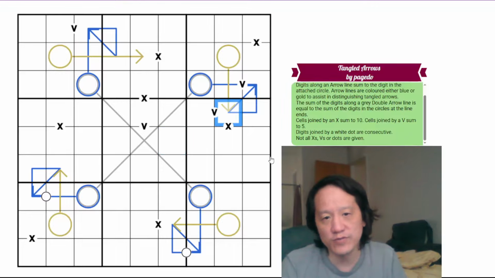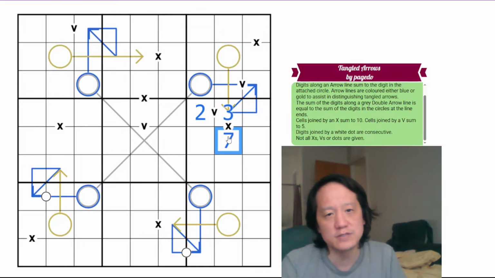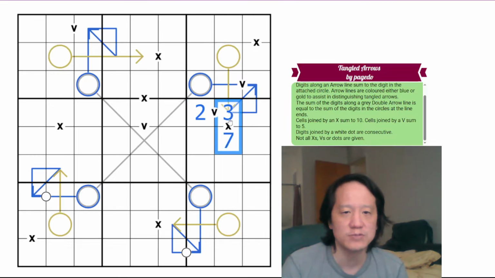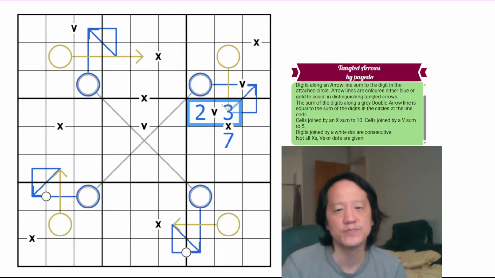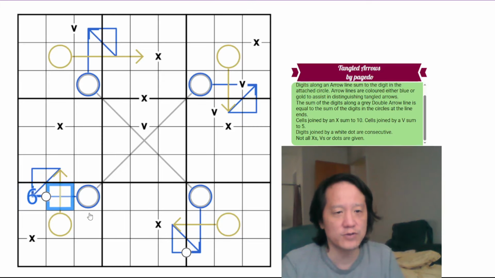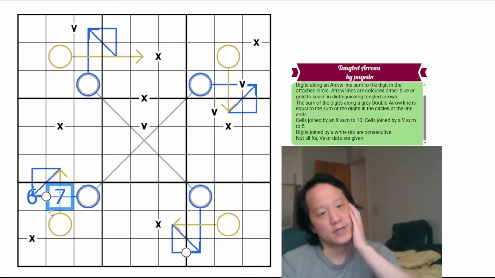So for example, if this were a 3 here, this would have to be a 2, and this would have to be 7, because these two digits must add up to 5, and these two digits must add up to 10, because of the X and the V in between. And if this digit were, say, a 6, this would have to be a 5 or a 7 to make sure that these digits are consecutive.